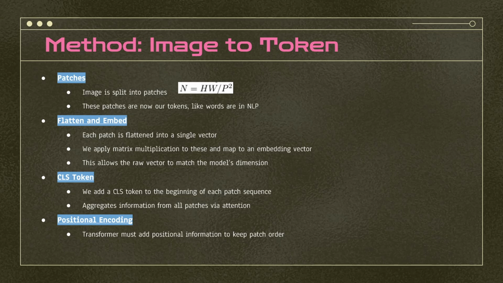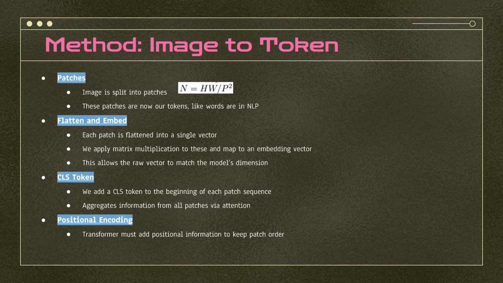From there, we flatten and embed them. We flatten them into a single vector. The problem here is that possibly our vector and the model's dimension don't match, so we apply matrix multiplication and map these to an embedding vector so they match.